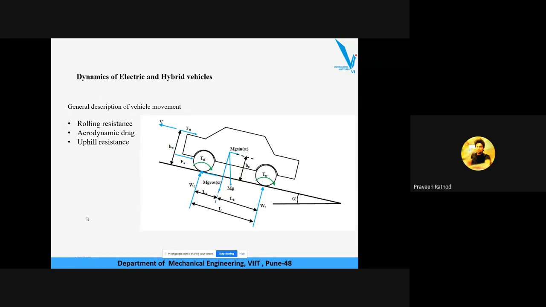Whenever we design any vehicle, it involves the basic principles of physics only. Especially Newton's second law of motion, you know already. According to Newton's second law, the acceleration of an object is directly proportional to what?